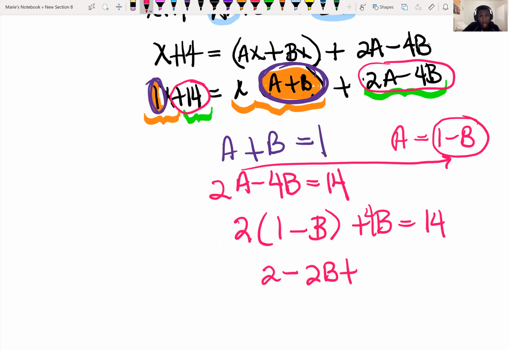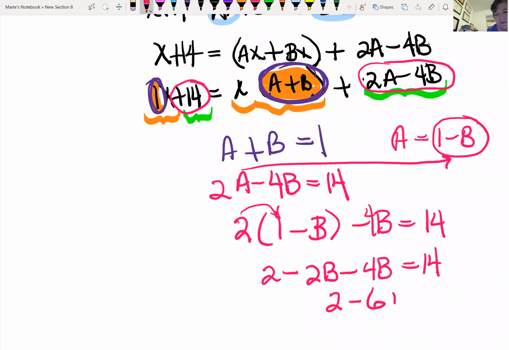It is minus 4b, yes. I did not change it. So when you distribute this 2, you get 2 minus 2b minus 4b, because that doesn't change. There's nothing happening to that, is 14. So that means that 2 minus 6b is 14.